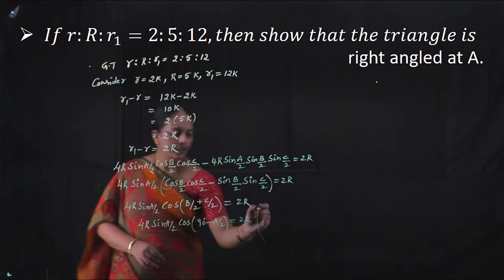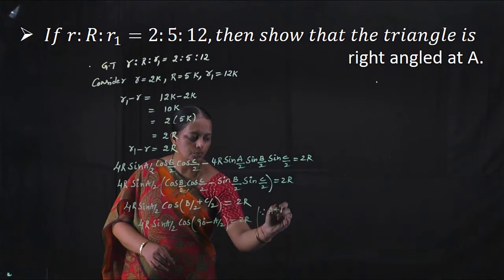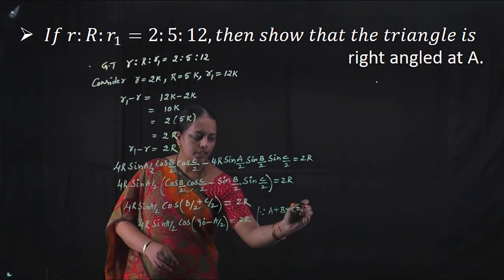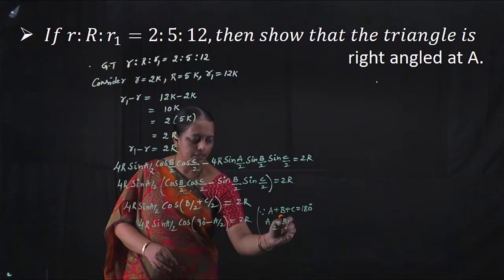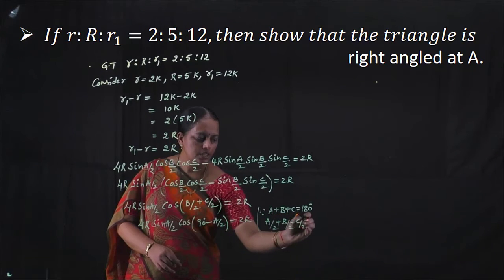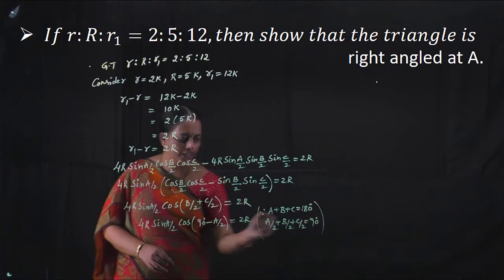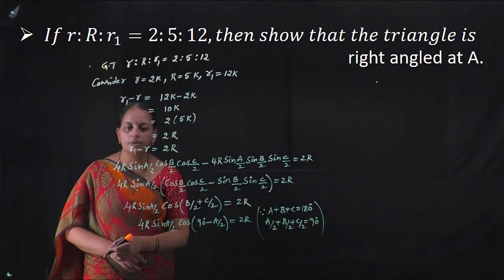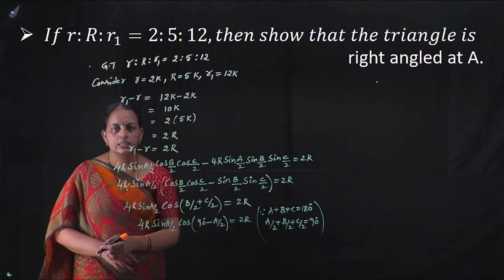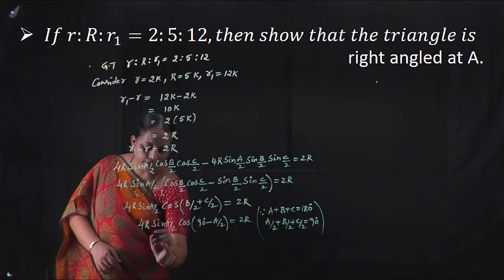Since A plus B plus C is equal to 180, A by 2 plus B by 2 plus C by 2 is equal to 180 by 2, 90. From this we can write B by 2 plus C by 2 is equal to 90 minus A by 2, and we know that cos of 90 minus A by 2 is sin A by 2.